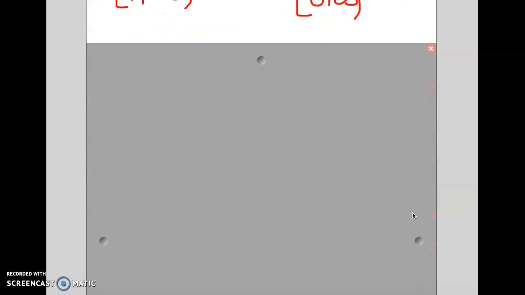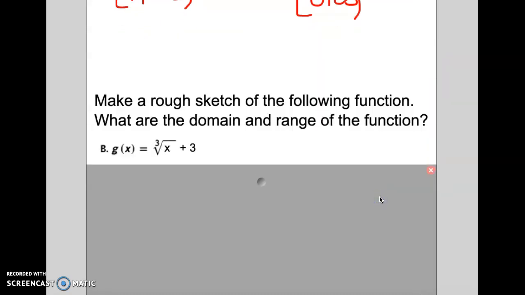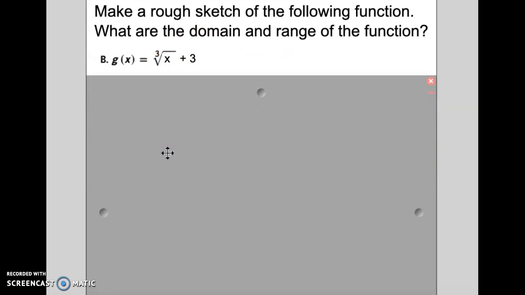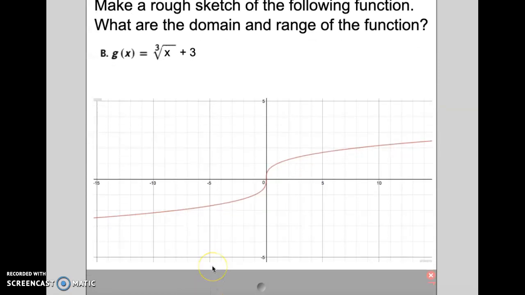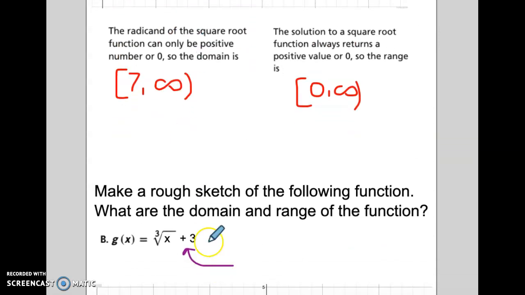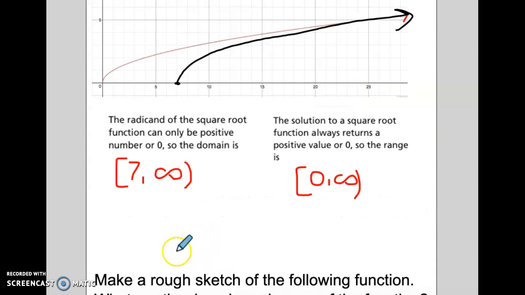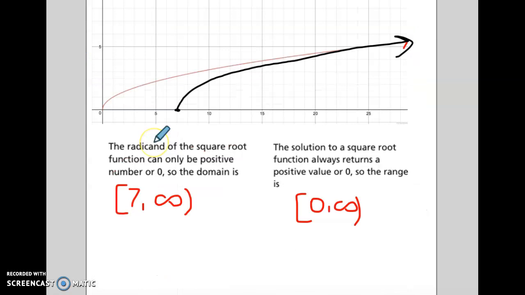Okay, let's take a look at cube roots. The cube root of x plus 3. In that last lesson, you should have discovered that this squiggle snake-shaped graph is the shape of a cube root of x. That's the cube root of x parent function. We should remember that when we see plus 3 or a number on the outside, we should be able to understand and visualize this is outside and this is considered inside the parent function.